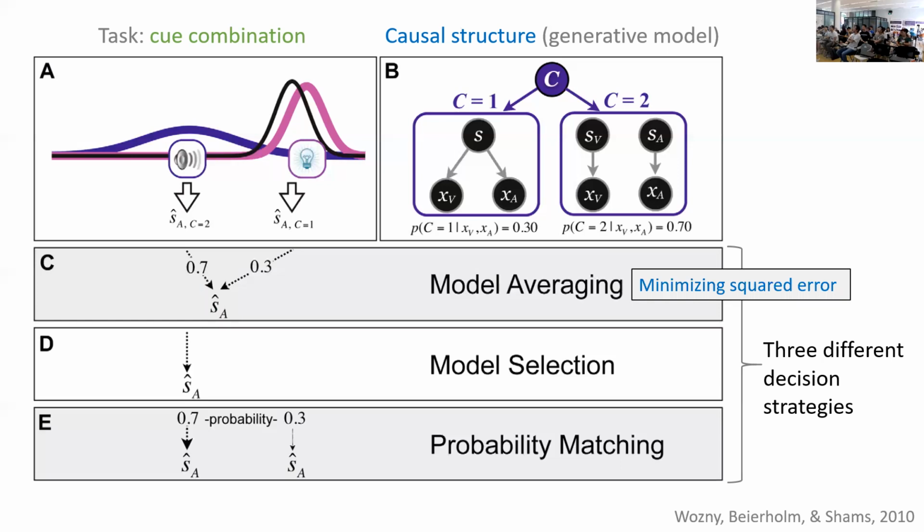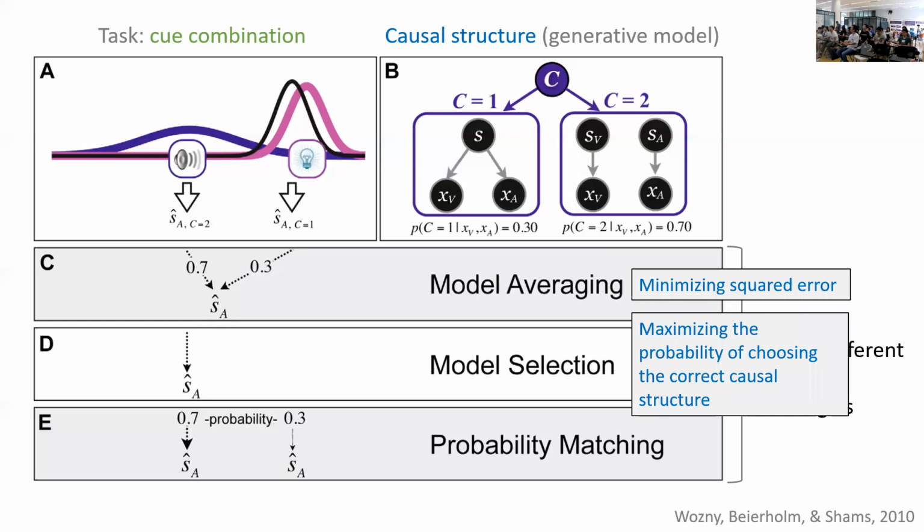It would be easy to prove this, and you probably already know this: if you want to minimize the expected error, then the mean is the best choice for many things. And if you want to maximize the probability of choosing the correct causal structure, one source or two sources, then model selection is the best thing to do.